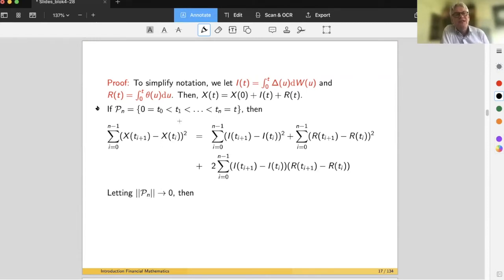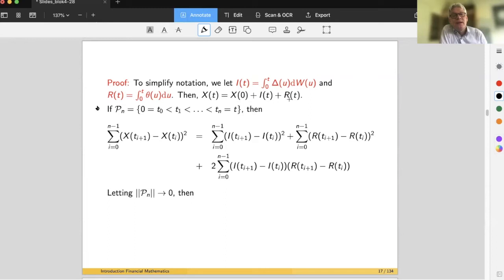Now, on this partition, we can write our quadratic variation as follows. It is a sum, i runs from 0 to n minus 1, of the increments of the Ito process, X at t_{i+1} minus X_{t_i}, squared.